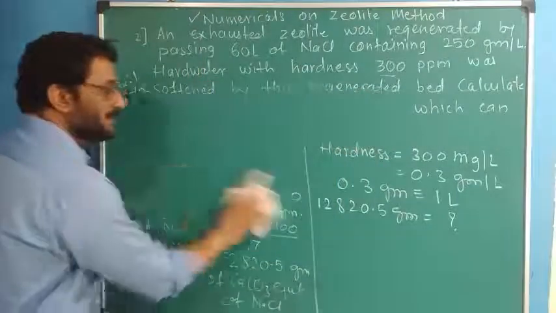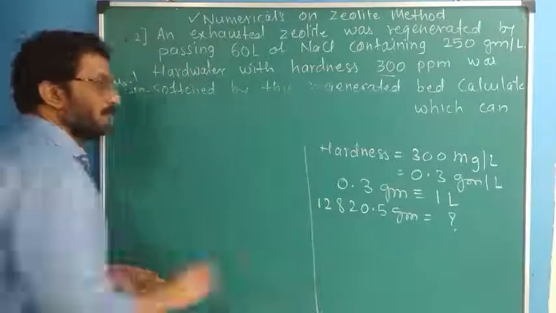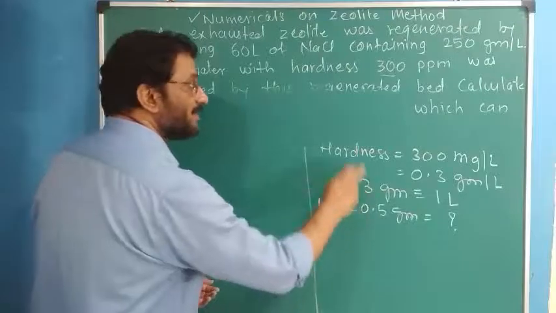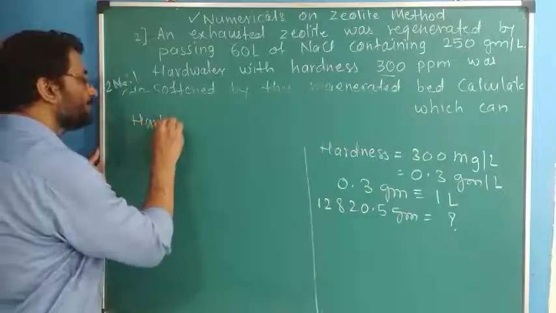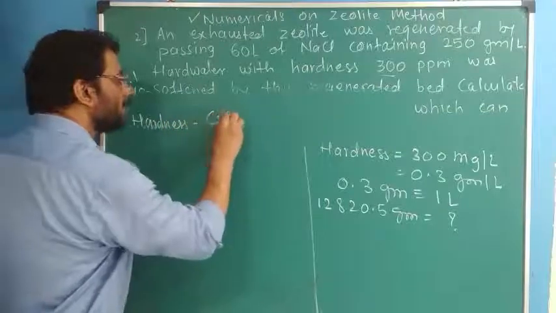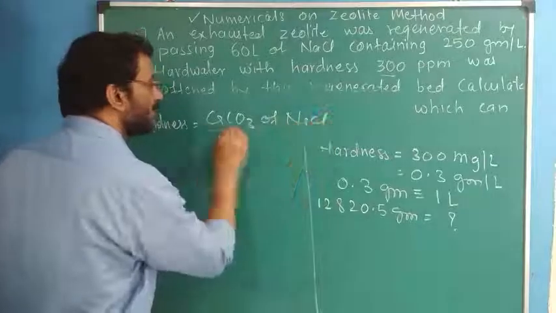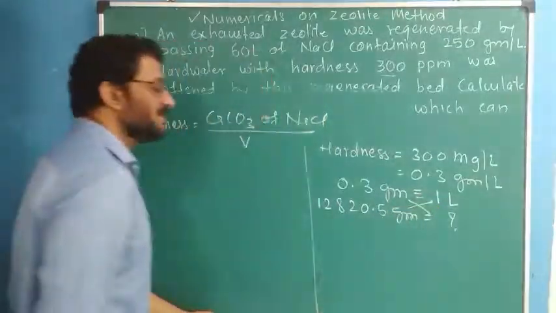That will give the liters of water that can be softened by this reactivated bed, whose hardness is 300. Or we know the formula of hardness. Hardness is equal to CaCO3 equivalent of NaCl divided by volume. So this is cross multiplication.